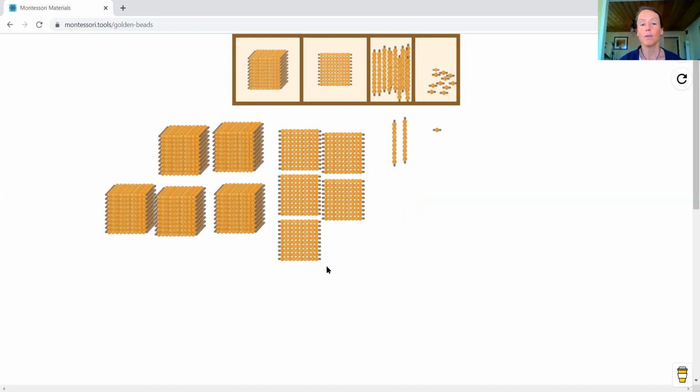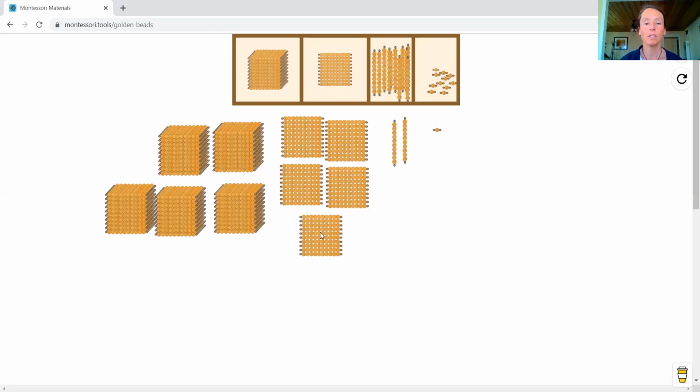So that one I do not need to carry. It can stay as our number for our hundreds. And I'm also going to look over here at my thousands. 1, 2, 3, 4, 5. So that does not go over 9, and so I can keep those.